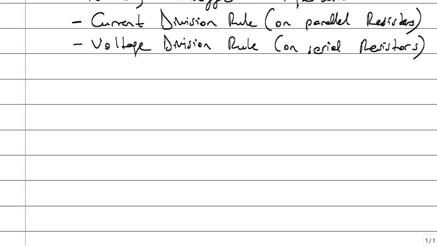And then we have seen a very important circuit analysis technique, okay, nodal analysis. Okay, there may be more than one question on nodal analysis. Okay, that's the most important topic on circuit analysis.